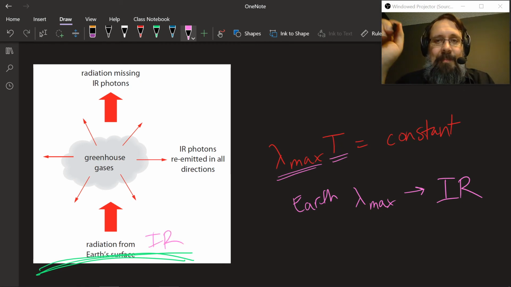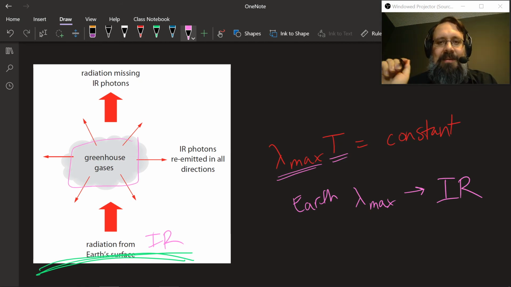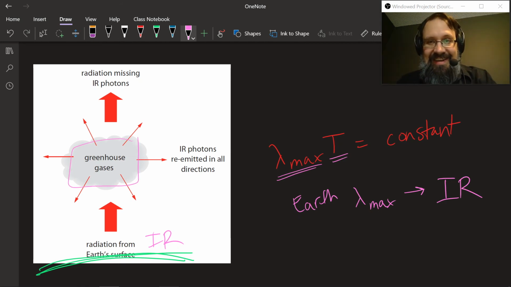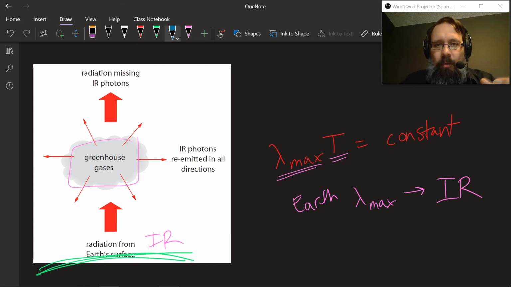But it just so happens that infrared is exactly the wavelength that greenhouse gases do what? Absorb energy or heat? There you go, they absorb it. So this light comes in and gets absorbed by those greenhouse gases. It excites the greenhouse gases. They get raised up to that higher energy level, but that's not a natural energy level, so eventually they're going to fall back down.